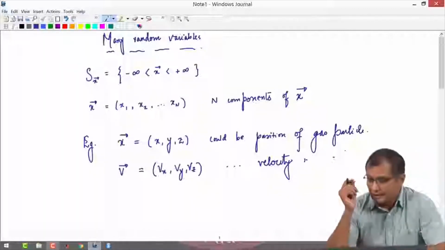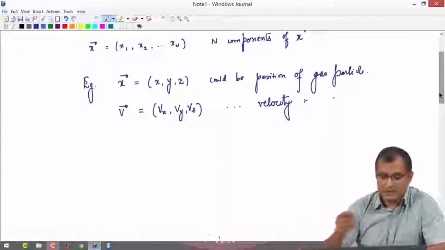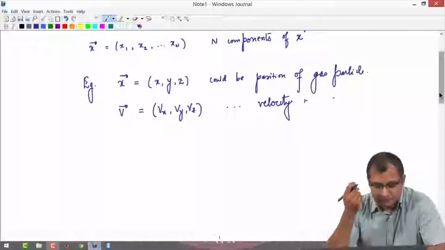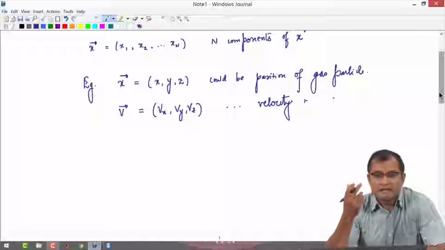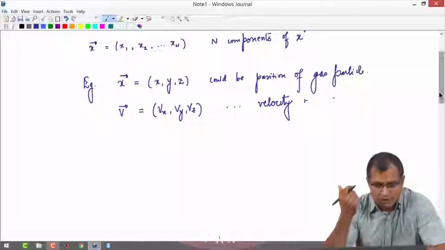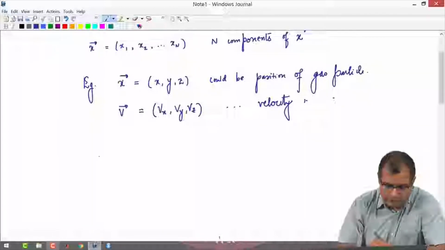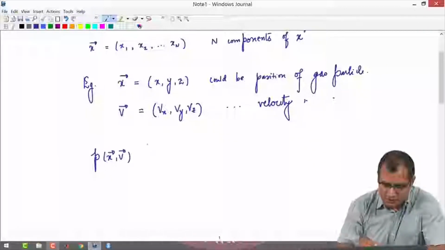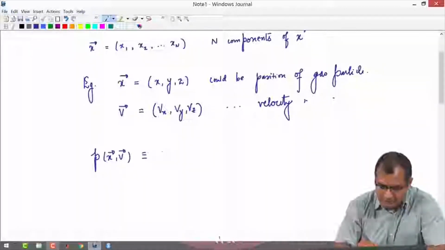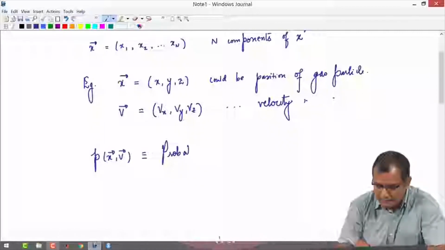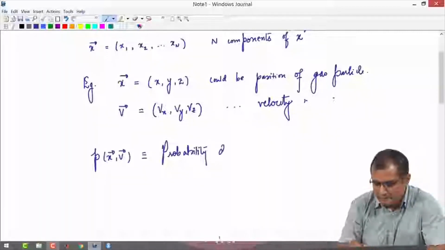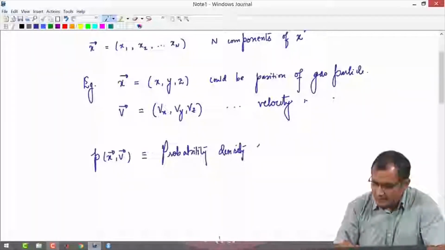Suppose I am interested in finding the average momenta or average position of a particle in this room. I would be using a probability density P of x comma v. So this would be basically giving me a probability density for x and v of a gas particle.